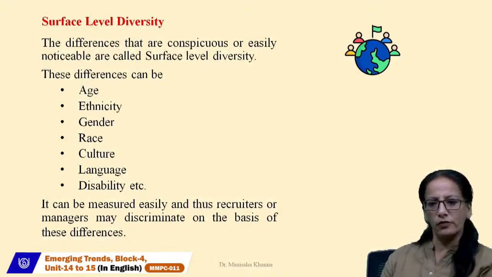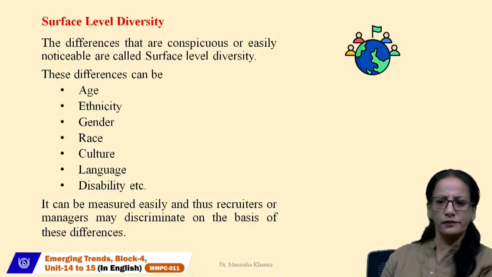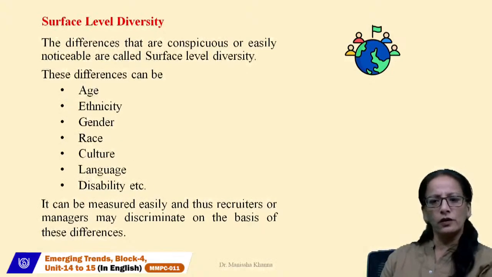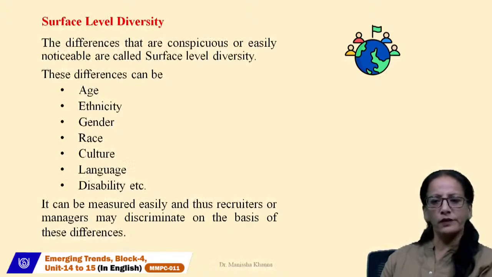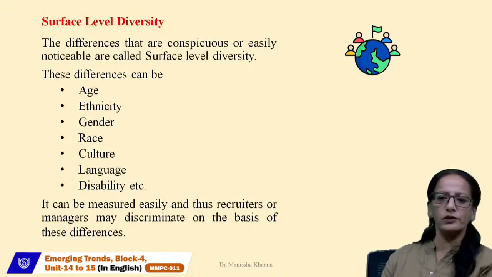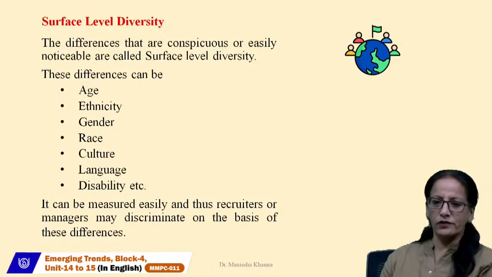During the hiring process, age can be the main dimension for that profile, or maybe language. If I need a translator of some specific language, the surface level dimension can be the language spoken or written as per the job profile.